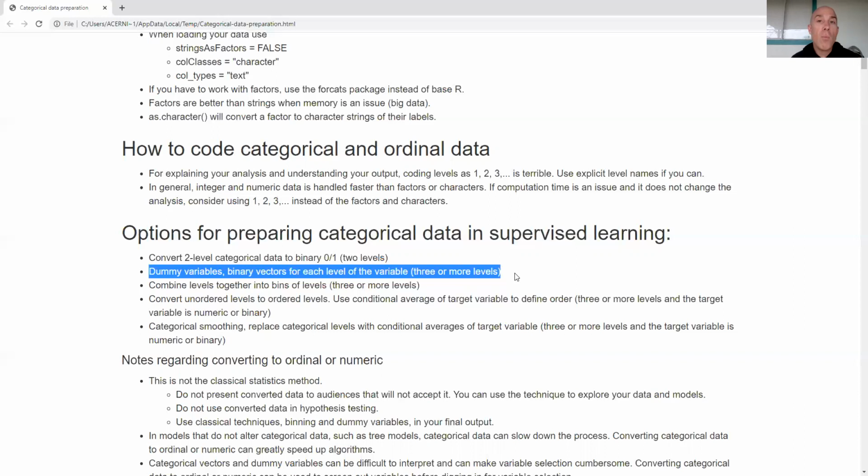Okay. So now, what if I had zip codes? How many distinct zip codes are there? There's thousands and thousands. If I do dummy variables on this, I'm going to have thousands of columns generated. Is that a good idea? Probably not.